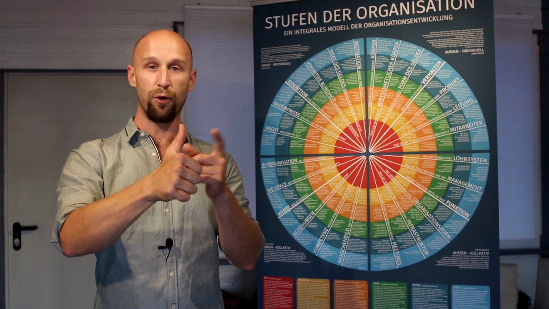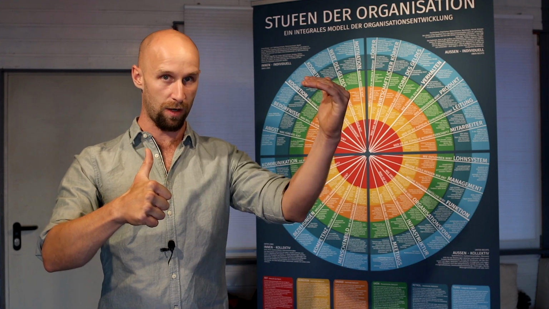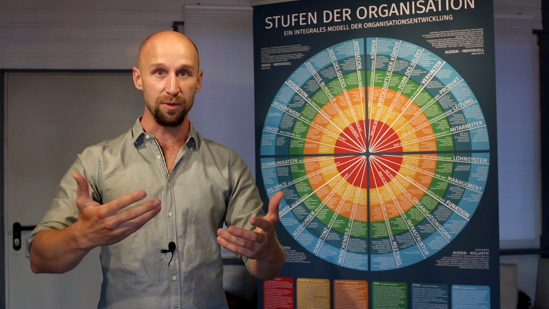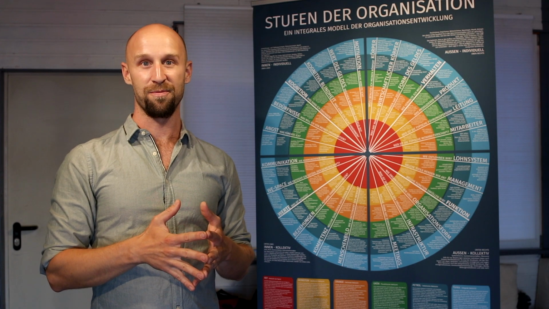First of all, they will understand it and can work with it, because it's on their altitude, and second of all, it will actually help them grow and develop. That's what an integral management system would look like.